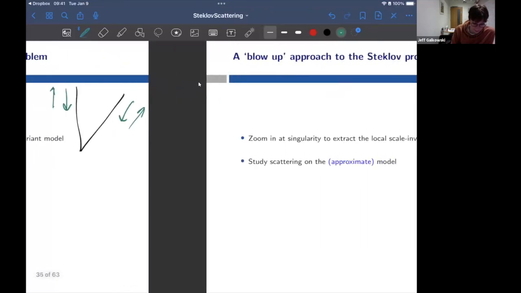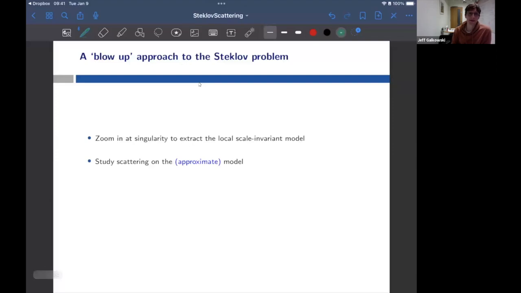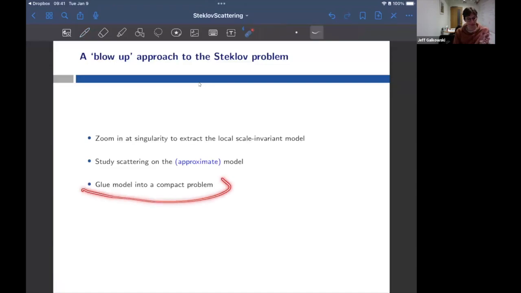Now, once you do that, I lie here a little bit. You need to do this on an approximate model. I'm going to sweep that under the rug for most of the talk, but just to say it's an approximate model. And then you need to glue your model back into the compact problem. This is quite tricky, because we're all used to gluing solutions together when operators are local, or at least close to local.